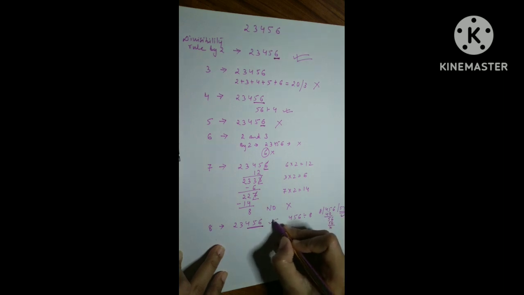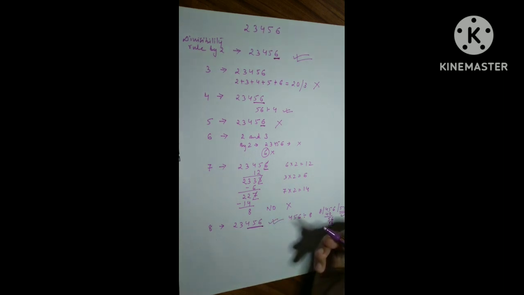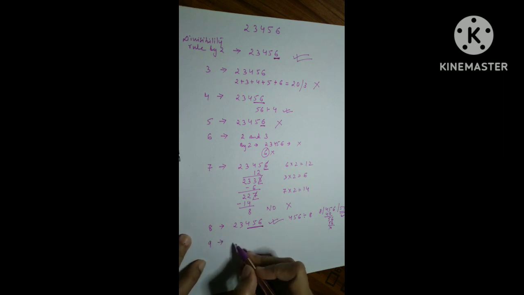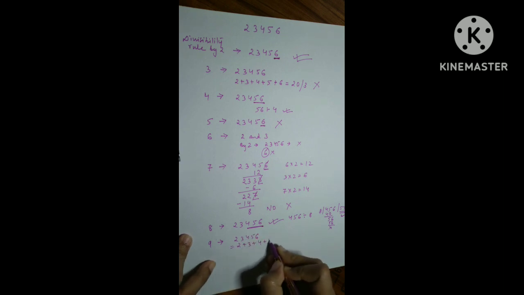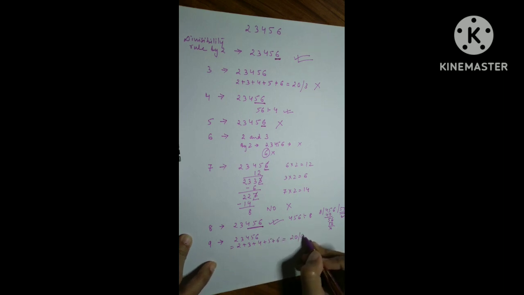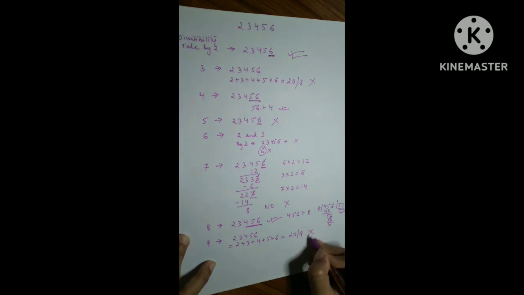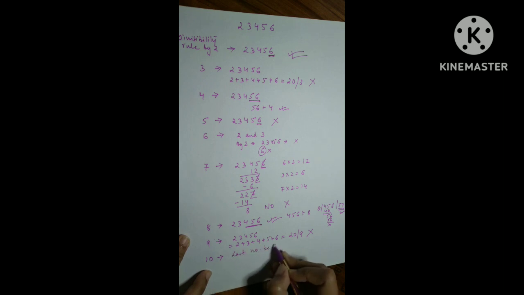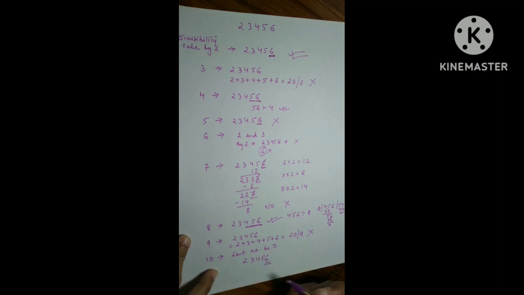So this will be divided by 8. 9 says sum should be divisible by 9. It isn't. Is it getting divided by 9? No. 10. 10 says last number should be 0. So is last number 0? No.